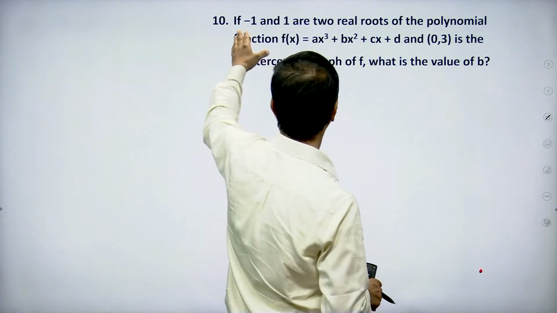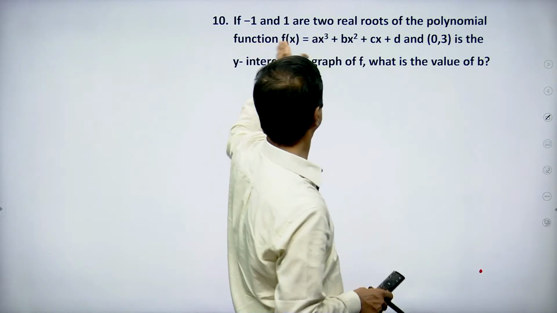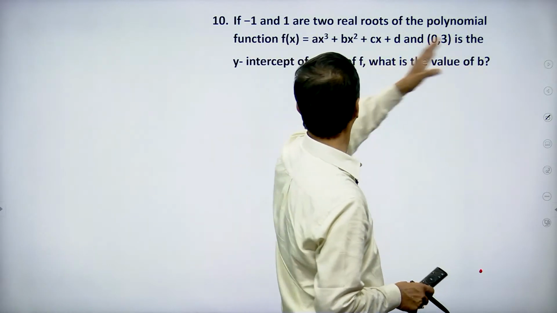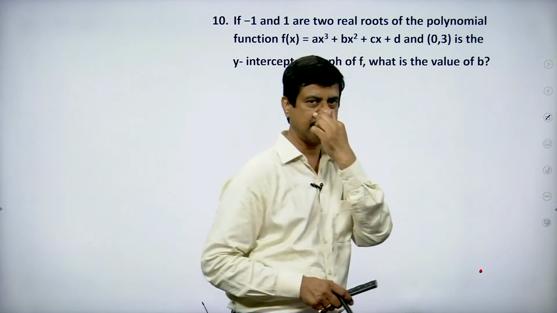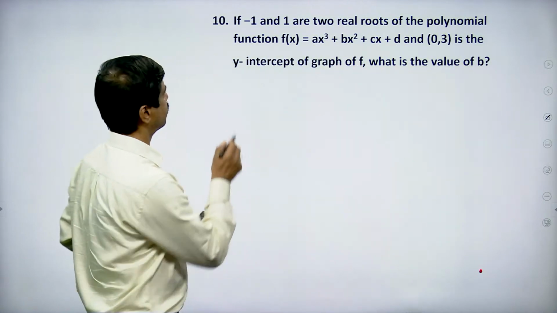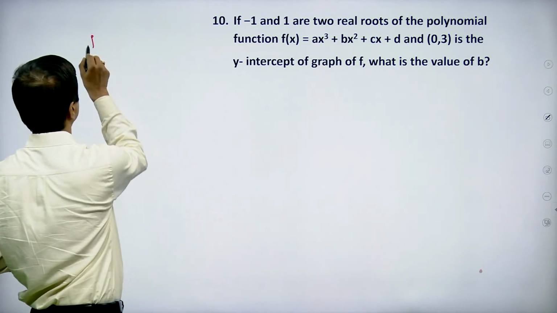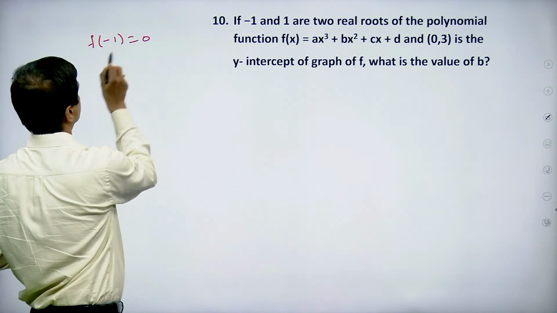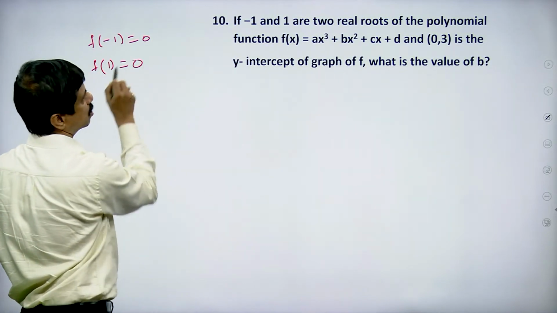If minus 1 and 1 are 2 real roots of the polynomial, and 0, 3 is the y-intercept of the graph, what is the value of b? So simple, children. f of minus 1 is 0. Then next, f of 1 is also 0.